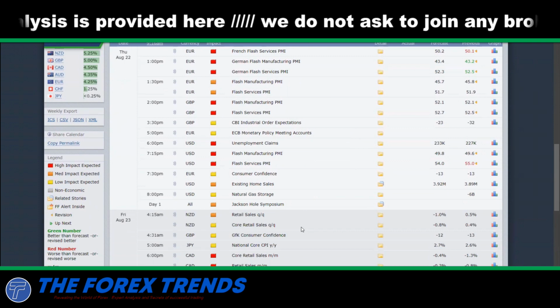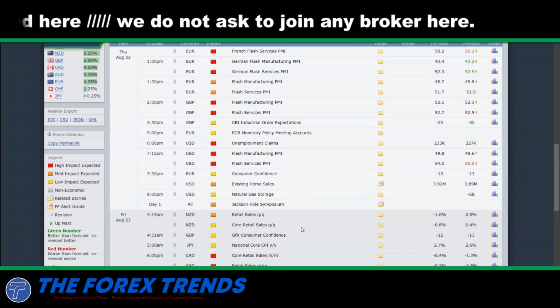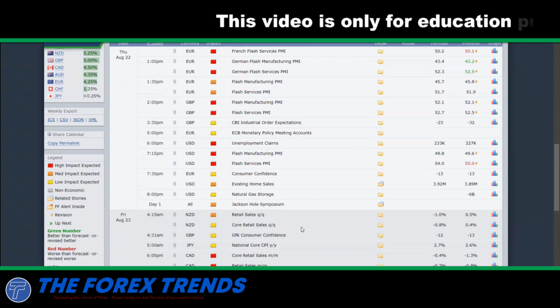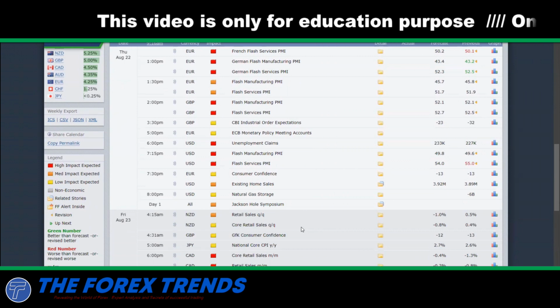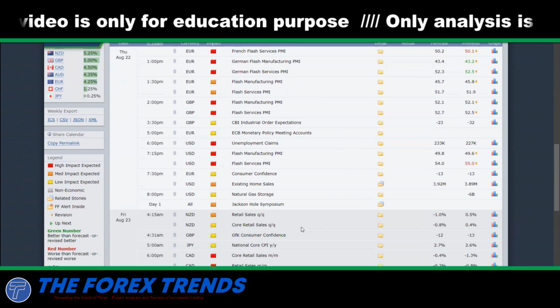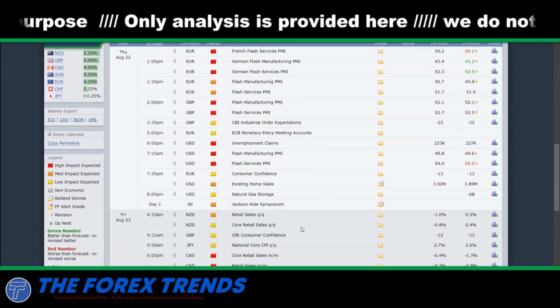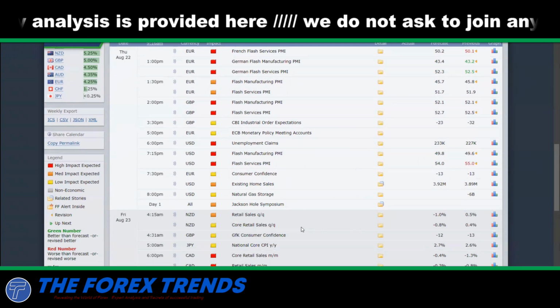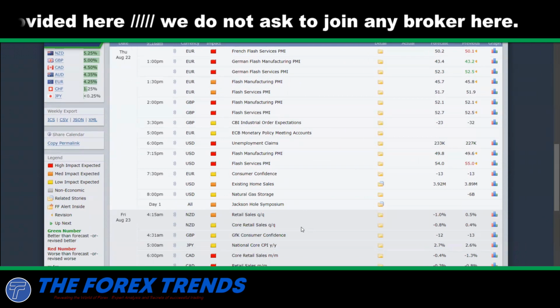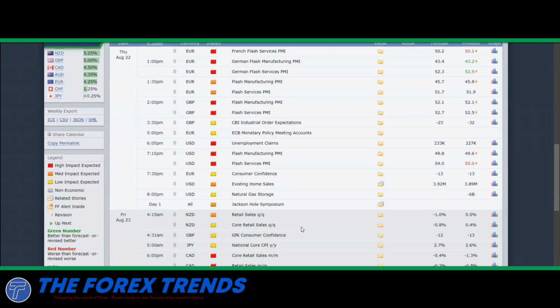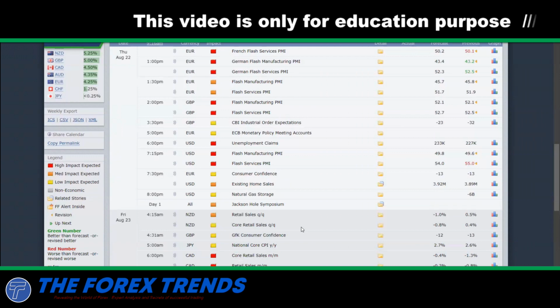Okay, the three-day conference is scheduled this week, and this is a very big event because it happens only once a year in Jackson Hole. The Jackson Hole Symposium is an annual conference held in Jackson Hole and organized by the Federal Reserve Bank.